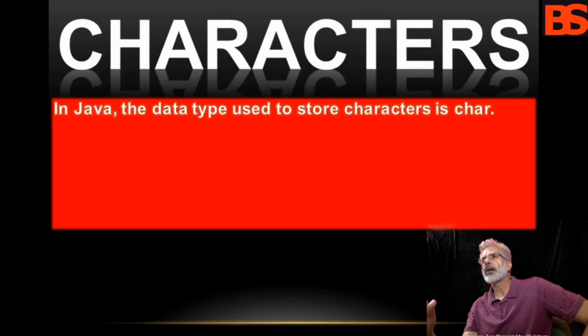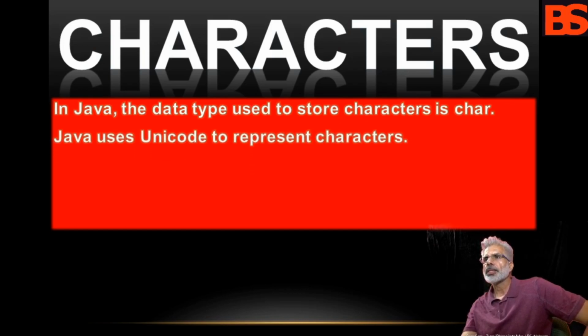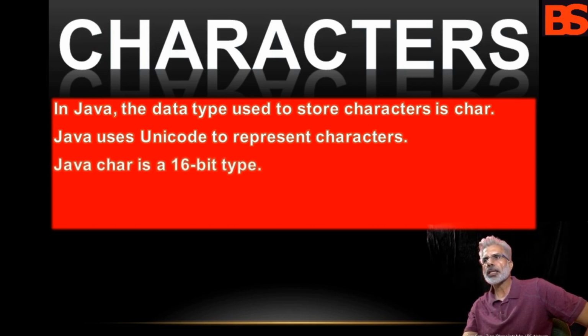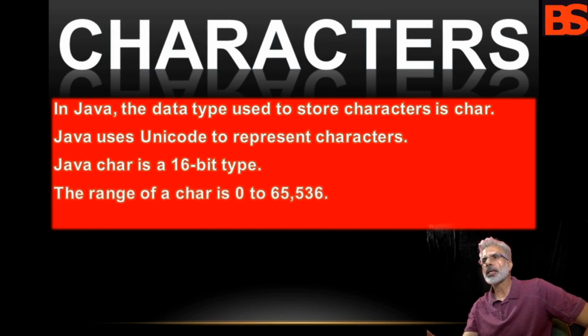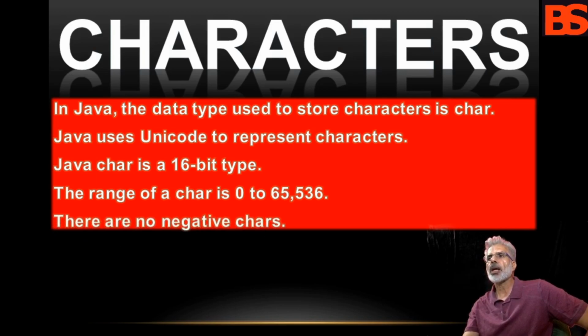In Java, the data type used to store characters is char. Java uses Unicode to represent characters. Java char is a 16-bit type and the range of char is 0 to 65,536. There are no negative chars.